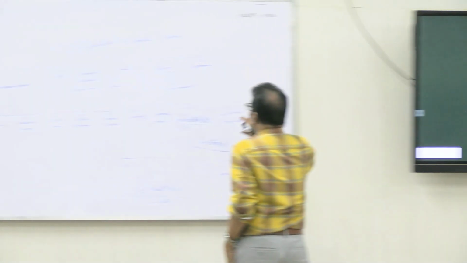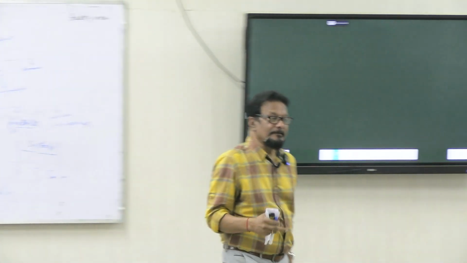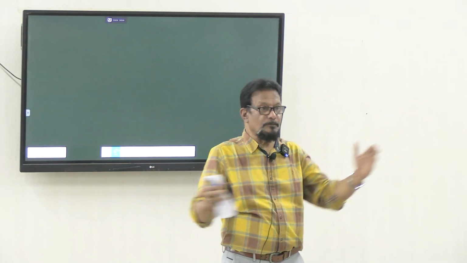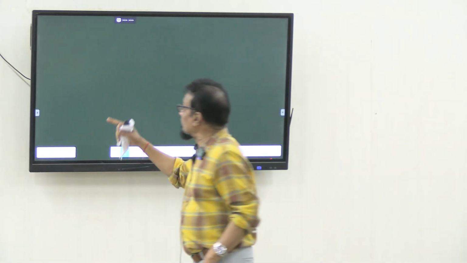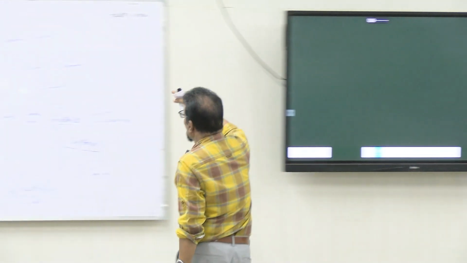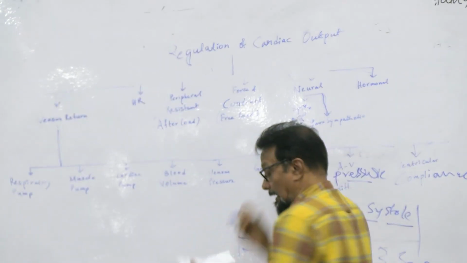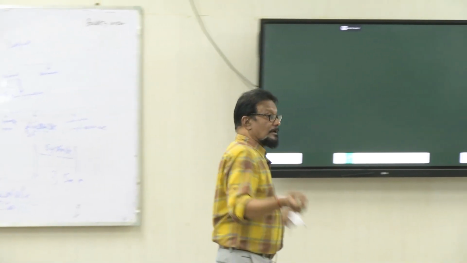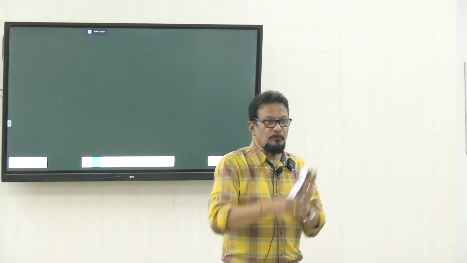And force of contraction, we have already discussed Starling's law of the heart. If more stretching, more force will be there. Neural regulation, sympathetic nervous system and parasympathetic nervous system, and the hormonal effect we have already told. So these are the ways by which cardiac output is controlled.